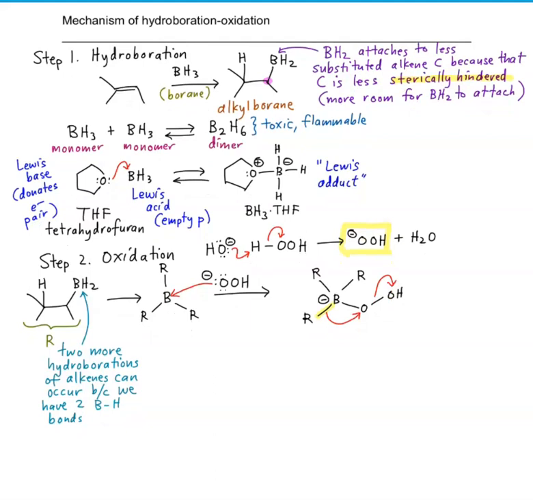Now, one of the driving forces for this step to happen is that the oxygen-oxygen bond is very weak, and so it's broken easily. So here you're going to end up with this structure.